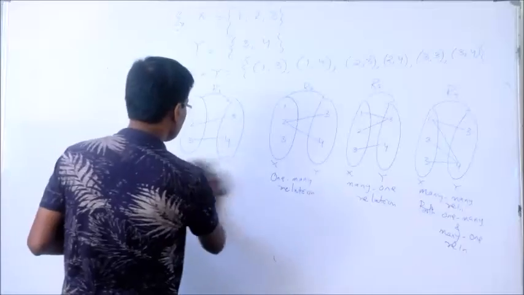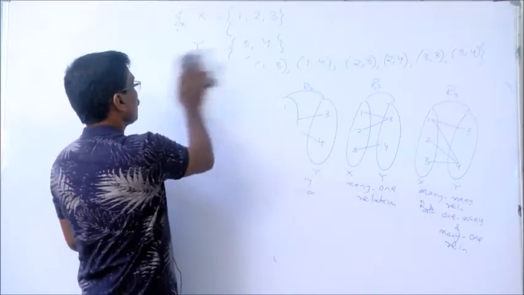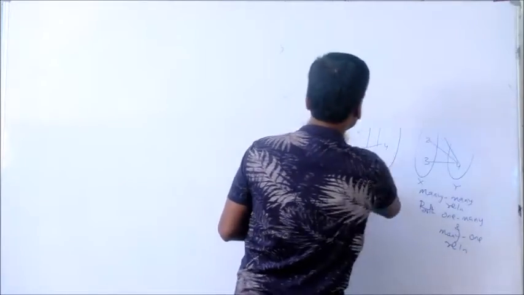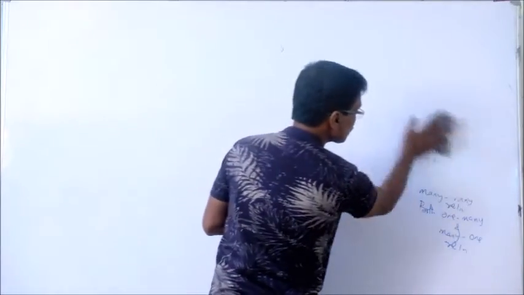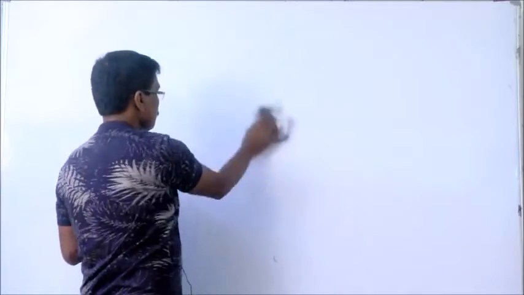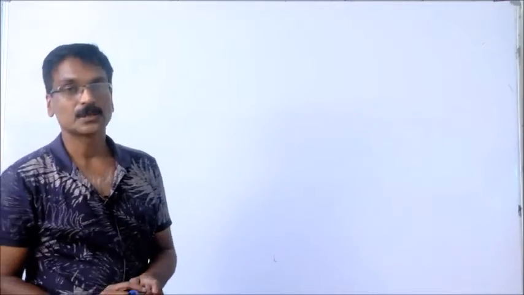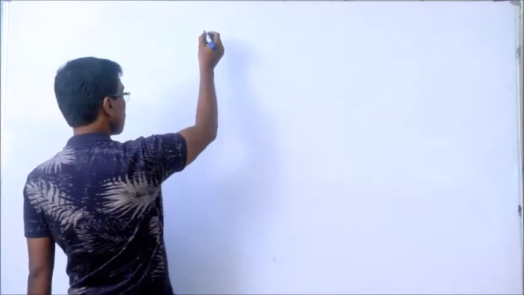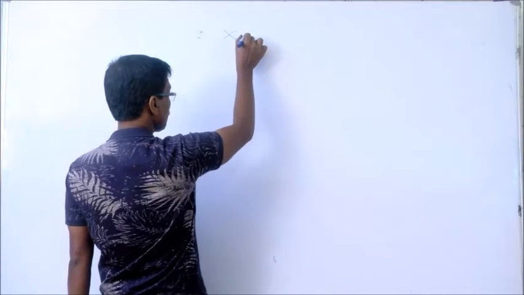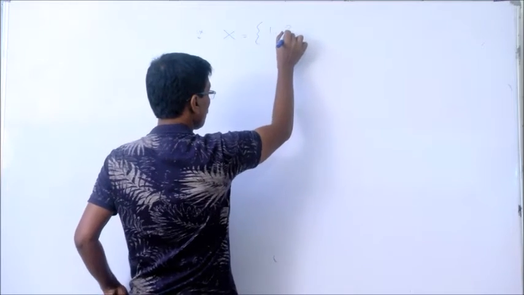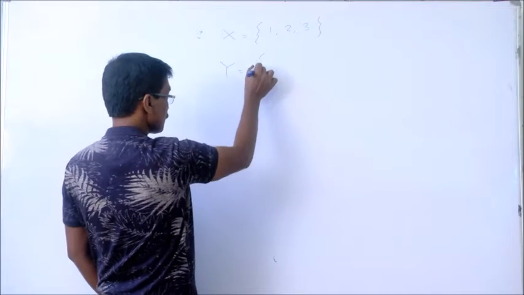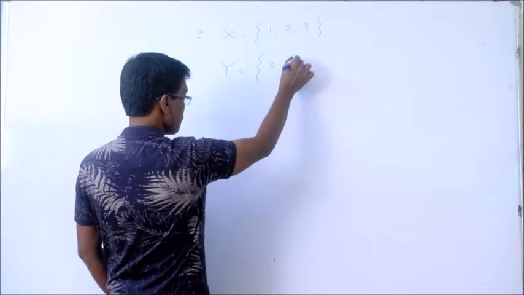Next, we will discuss some special types of relations. Suppose we take another example, that is x set is 1 2 3, y set is 3 4.